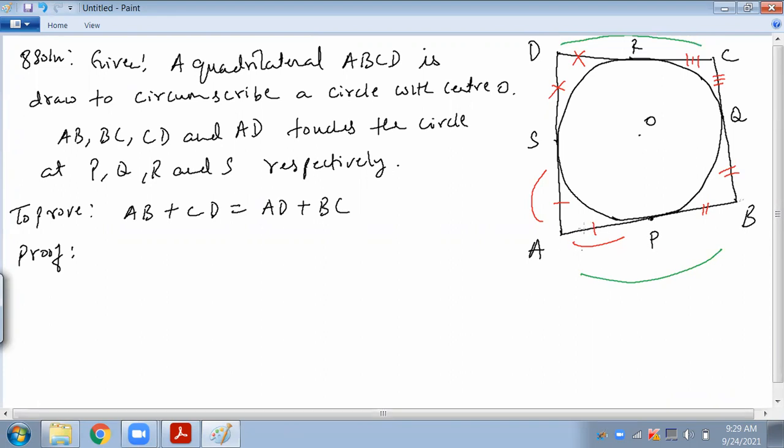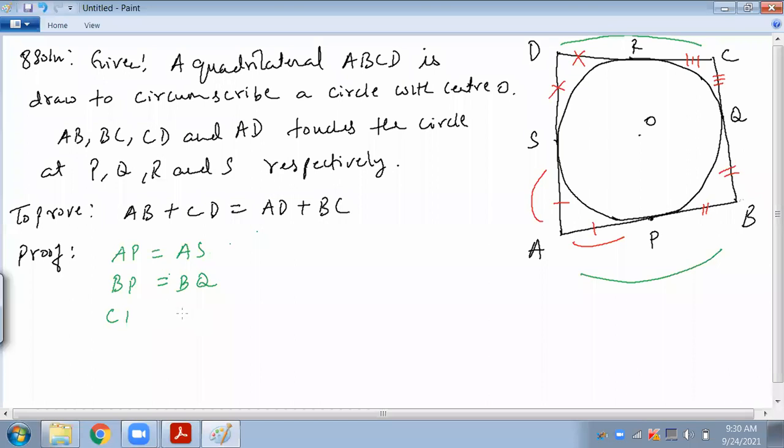We know tangents AP and AS are equal, so we'll take AP equal to AS, not AS equal to AP. Then BP and BQ are equal, so we'll take BQ equal to BP. All the parts of AB, that is AP and BP, I'm keeping on the left. And in the same way, all the parts of CD, that is CR.